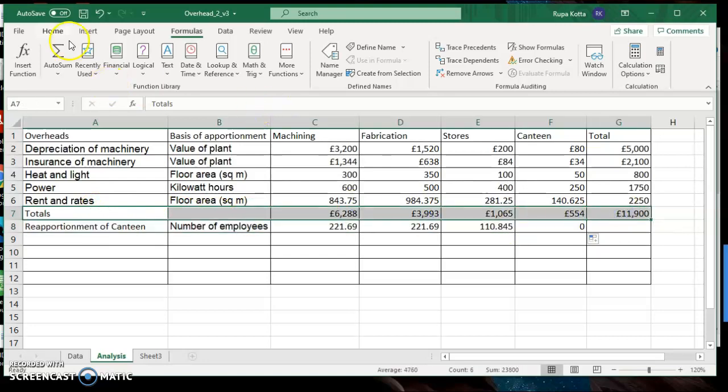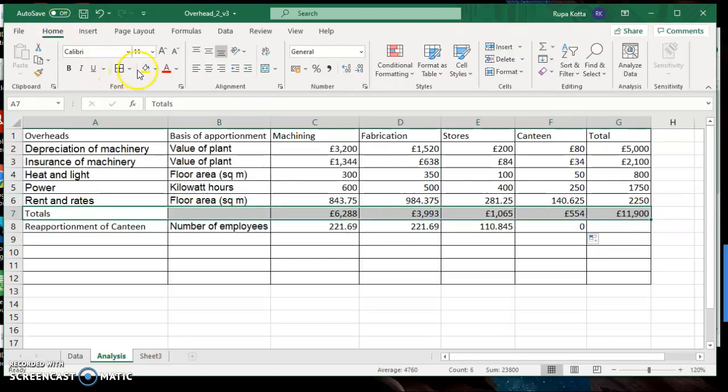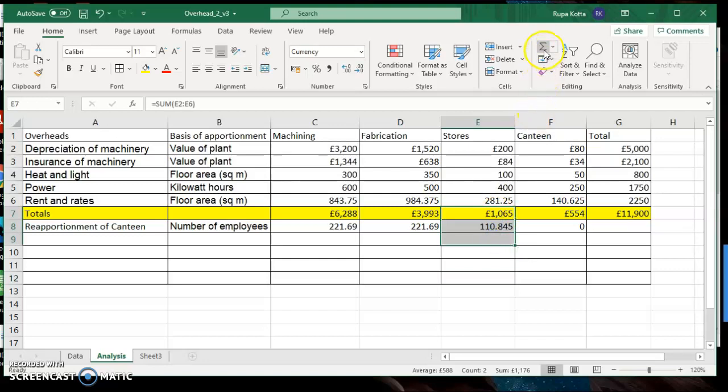According to the if condition, there were no employees in the canteen, so you did not calculate any cost in the canteen. Now you want to reapportion the stores department. So before you reapportion the stores department, check the total of your stores department cost. So this is the total again.